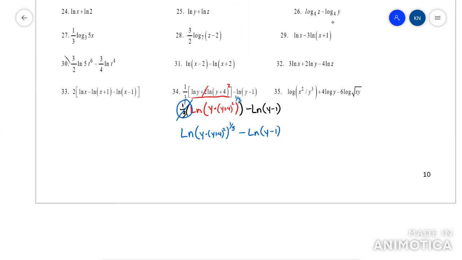Okay, now you've got a power to a power here. So it's going to become ln of y to the 1/3 times y plus 4 squared times 1/3 would make it to the 2/3.